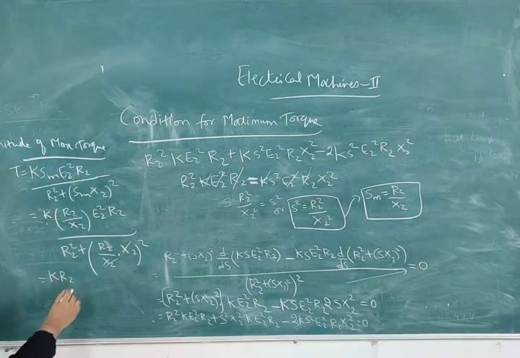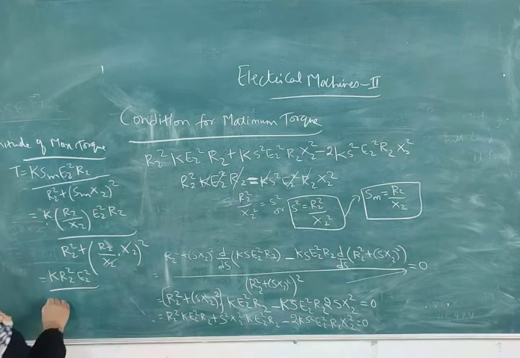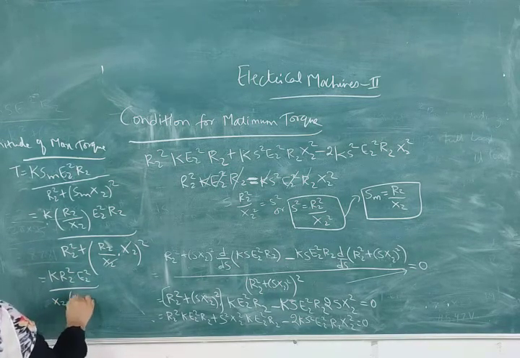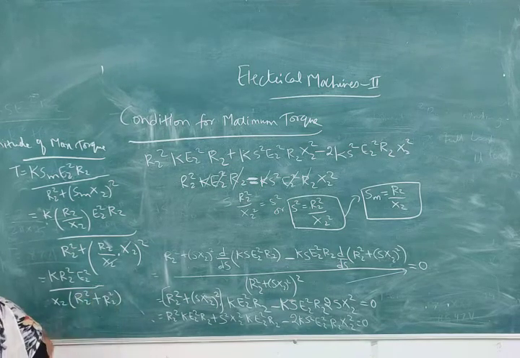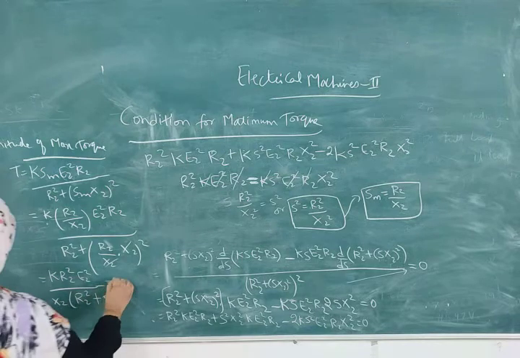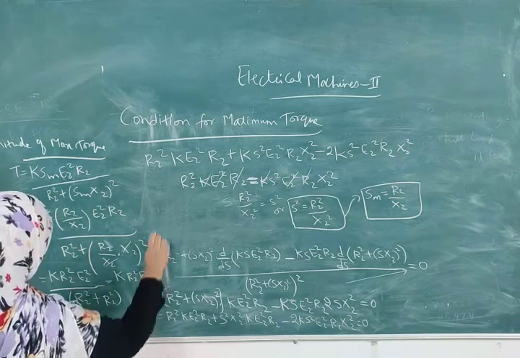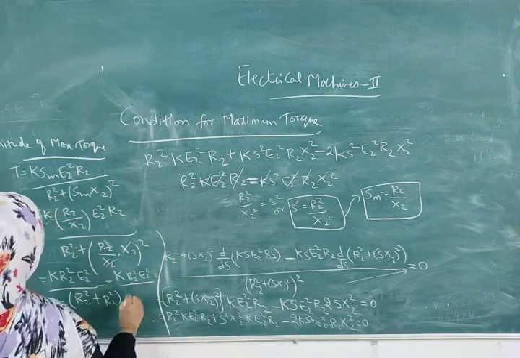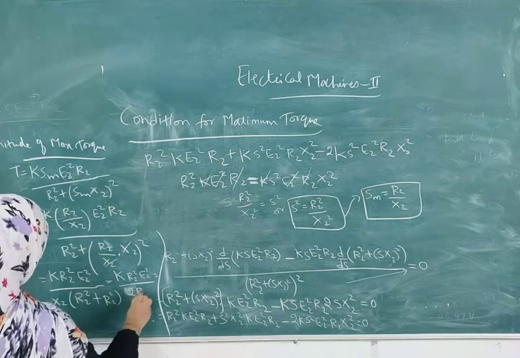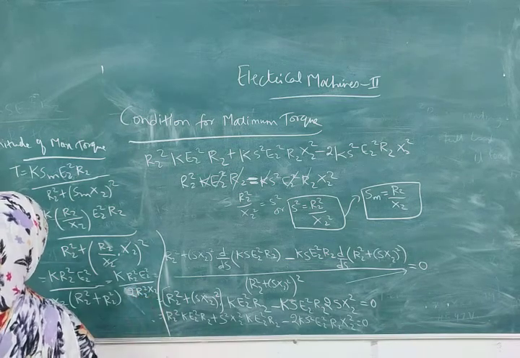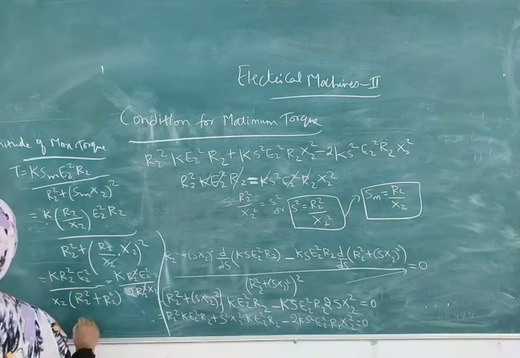K R2 square E2 square divided by x2 into R2 square plus R2 square. So what we are going to get here? K R2 square E2 square by x2 into 2 R2 square. R2 square gets cancelled.